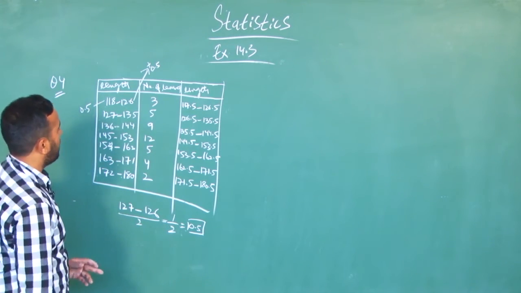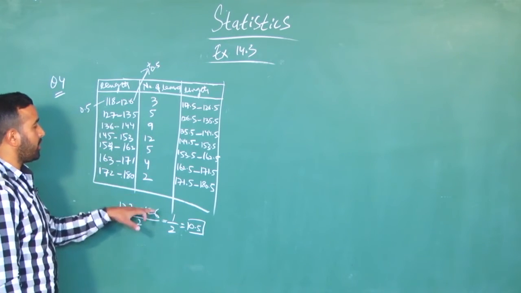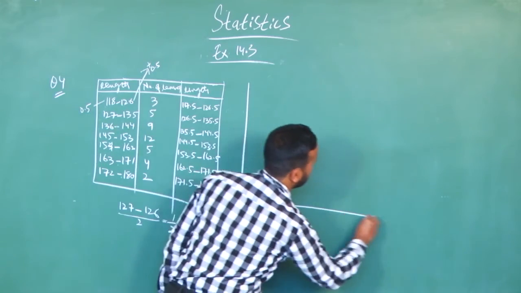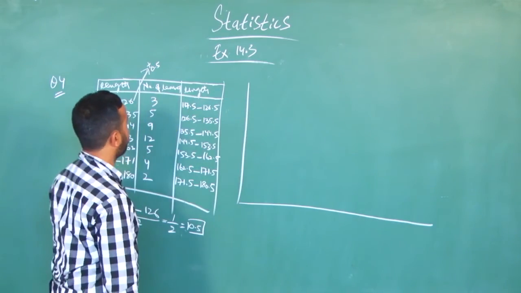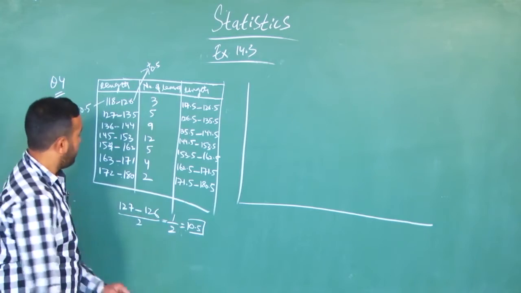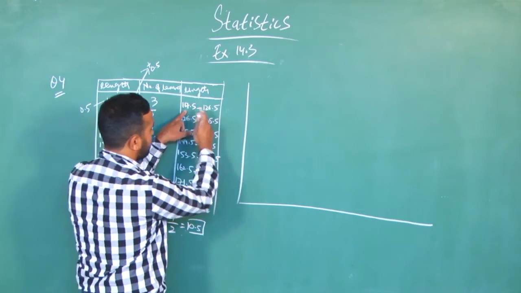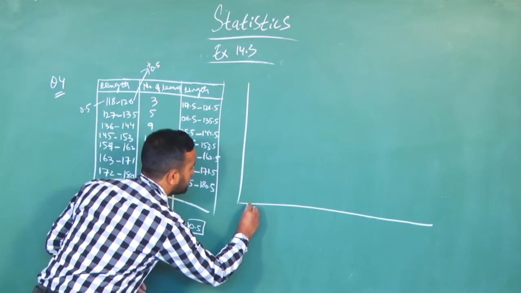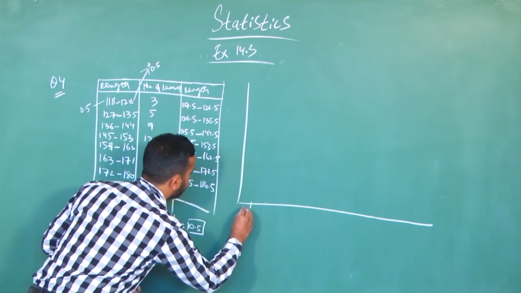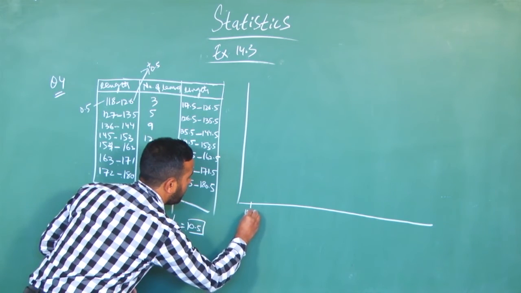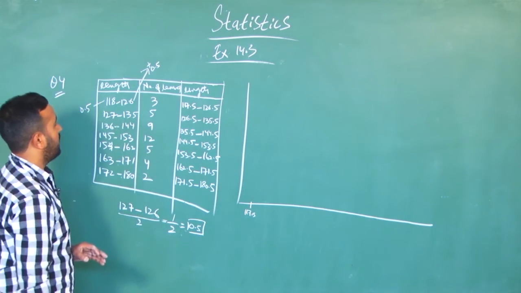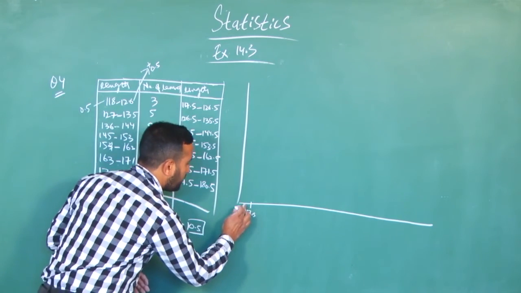Now we are going to draw the histogram of this particular data. Let us see how we draw it. Here the data values start from 117, so we can start from 117.5.